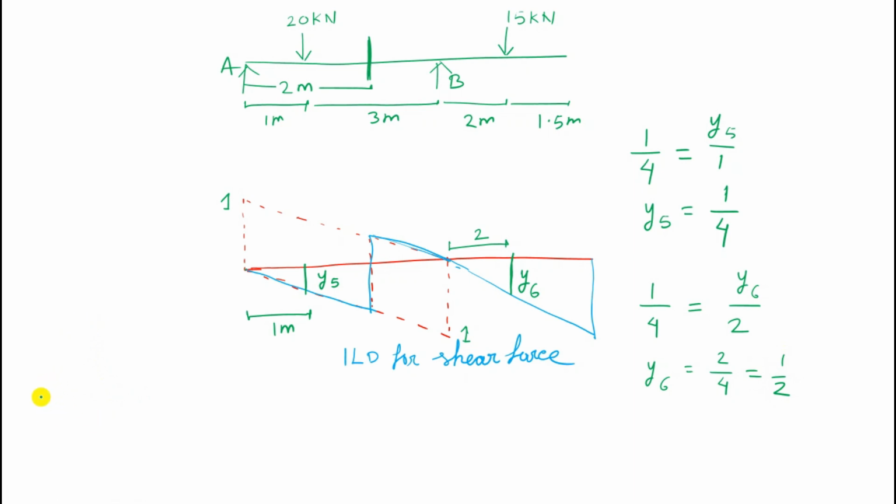Now the shear force will be, so this section is xx, so shear force at xx section, 20 into Y5, that is 1 by 4, plus 15 multiplied by half.